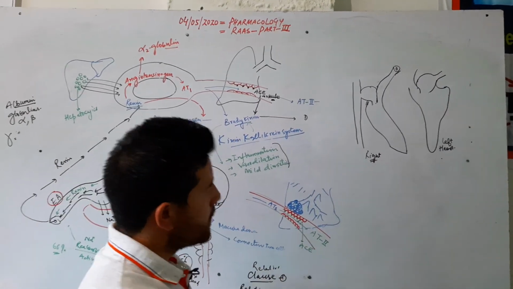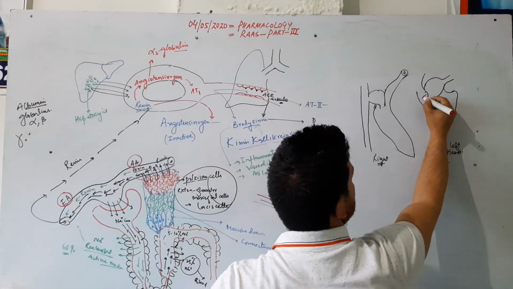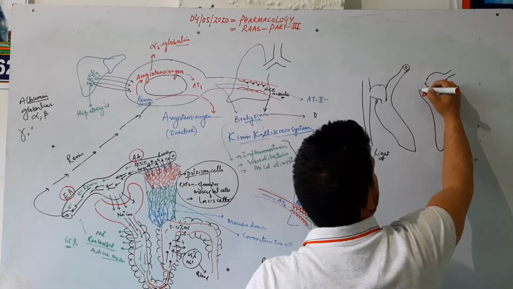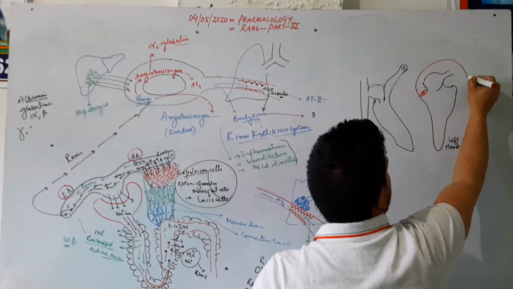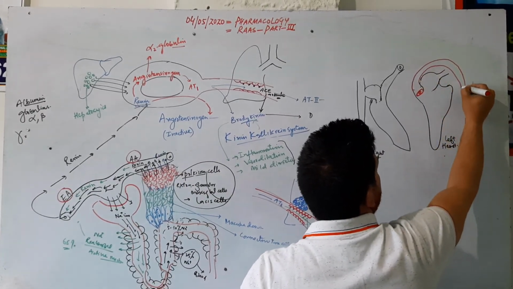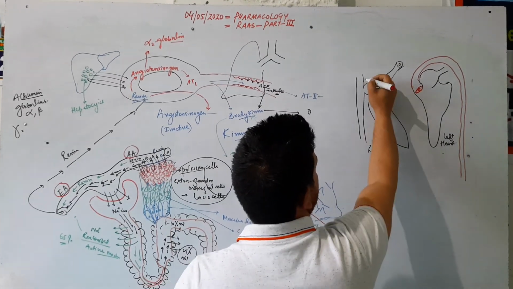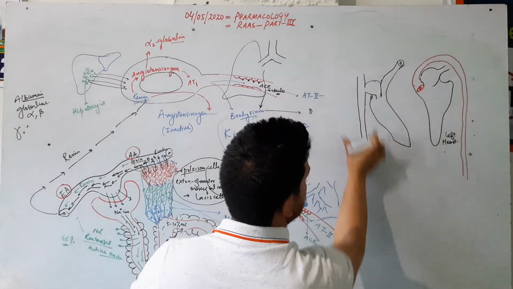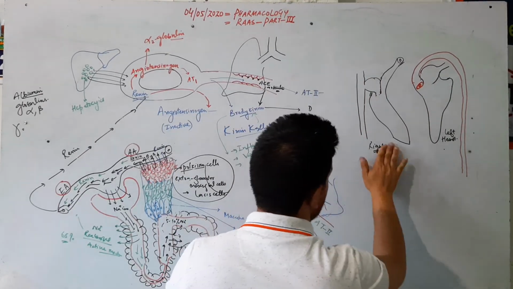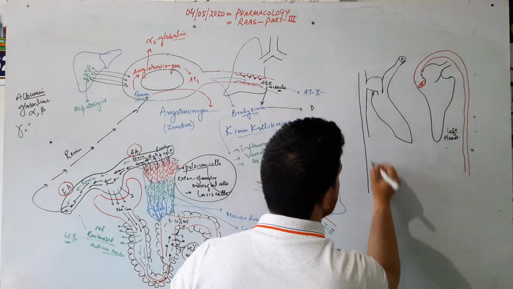Now what happens? This part you perfectly know, this is aorta, which I will write here. This is aortic region. This is superior vena cava and inferior vena cava, and I will mention these parts here.